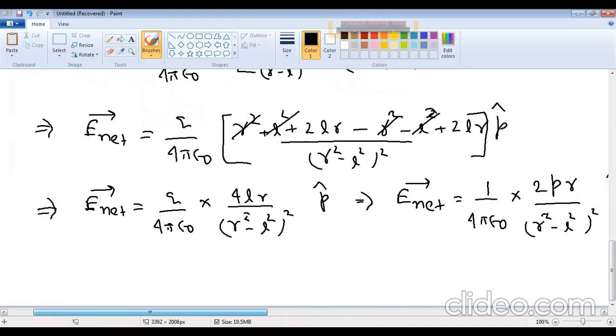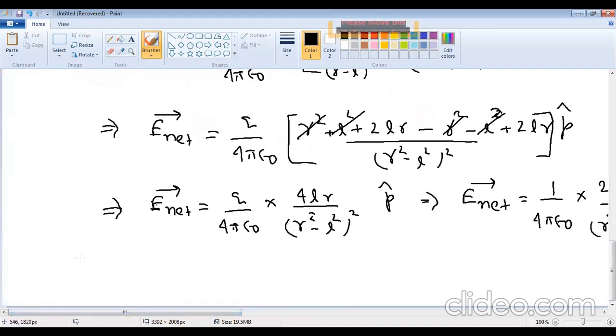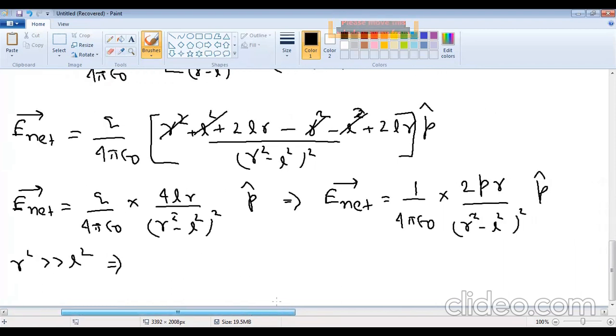And now, if we use one assumption that wherever this point P is, where we are measuring this net effective electric field, if this point P is far placed compared to the dipole length, then of course its distance will be very, very high. And that would mean that this denominator can be rewritten after avoiding this quantity L square.